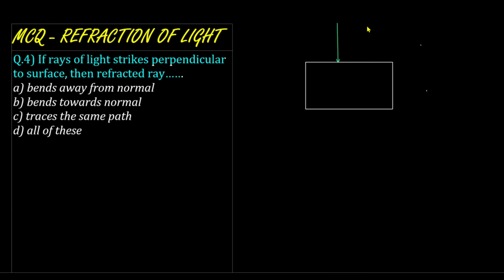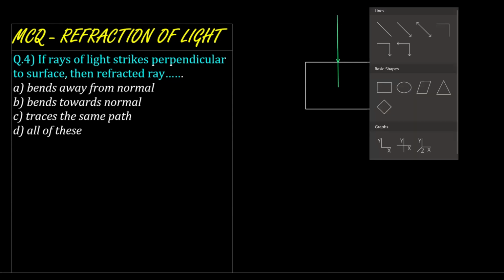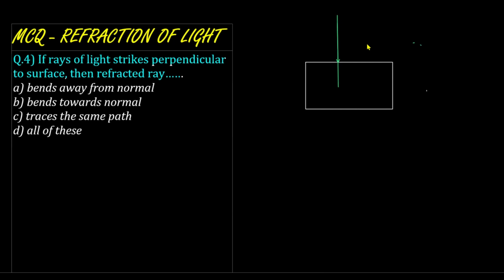So you should know this ray drawn here is actually along the normal. Maybe the two rays are coinciding. You can see here these two rays are coinciding. So what you will say is that in this case the refracted ray will go undeviated. There is no bending that will take place in this case.